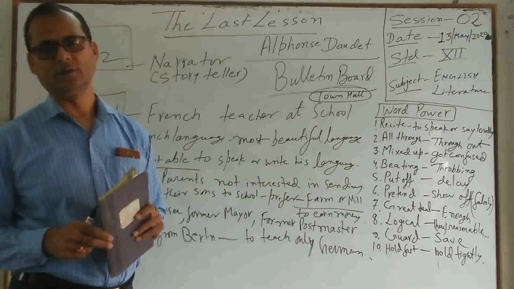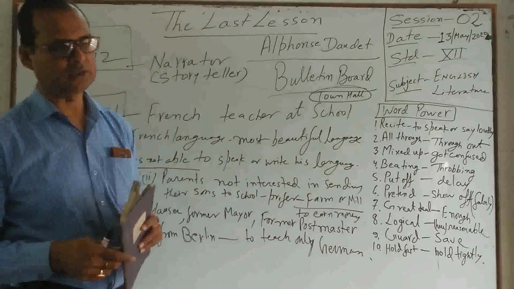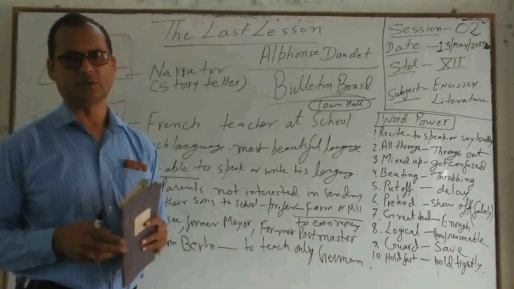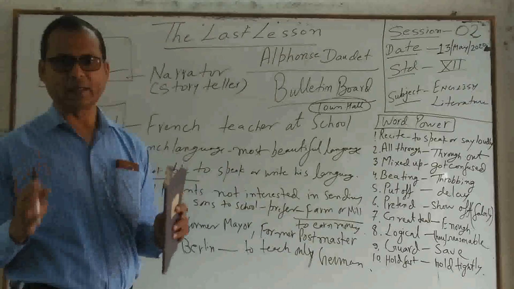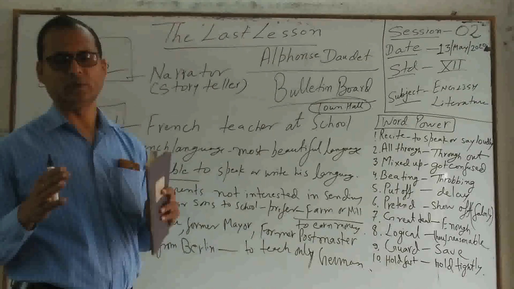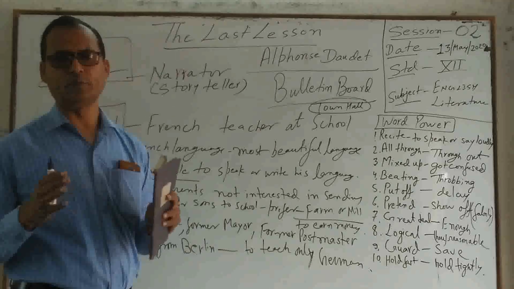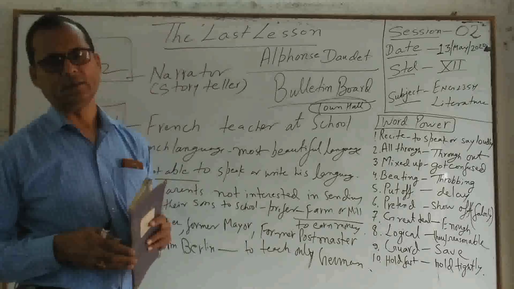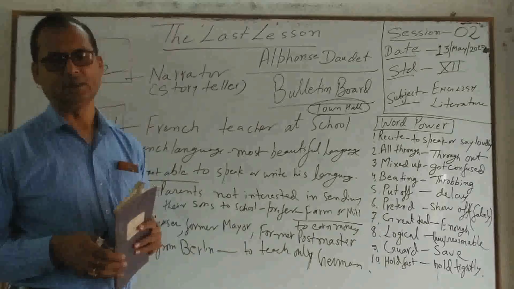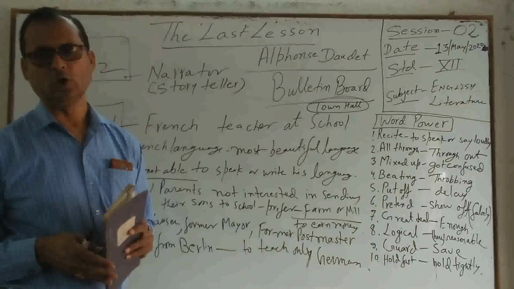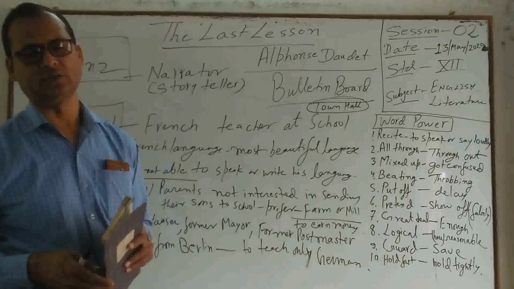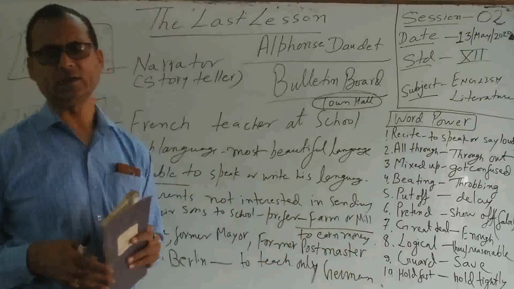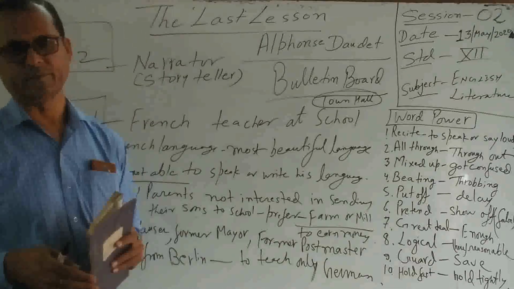Students, in the last session we saw the background of the Franco-Prussian War. As a result, France was defeated and had to give up two districts. First was Alsace and second was Eastern Lorraine.